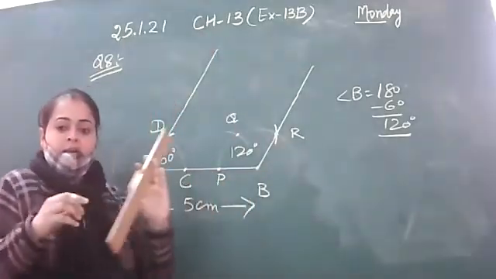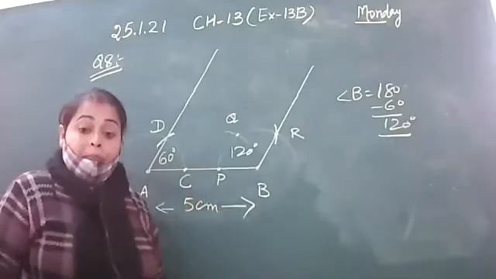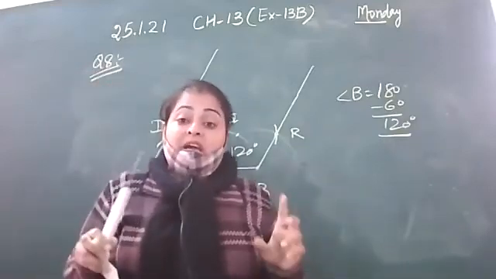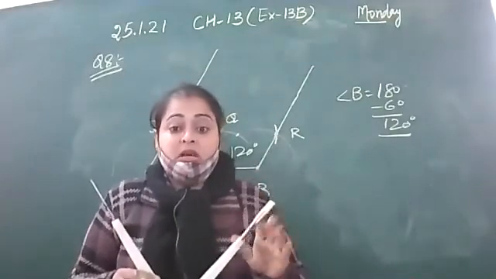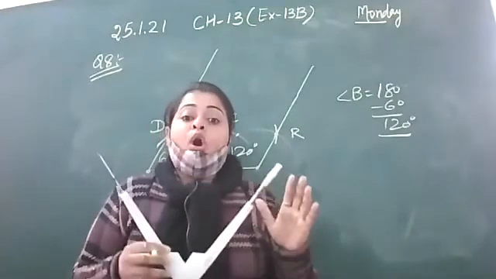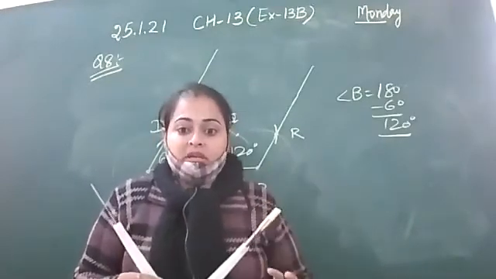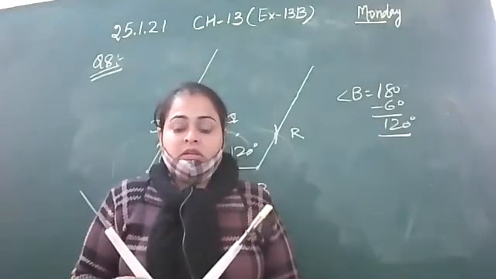What is the reason why we open our compass? Rayman, if we open our compass 5 centimeter, it means in the whole question all the sides are 5 centimeter. That is the meaning, right? Yes, ma'am.